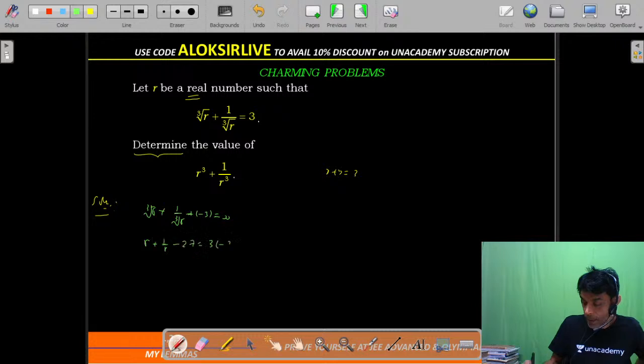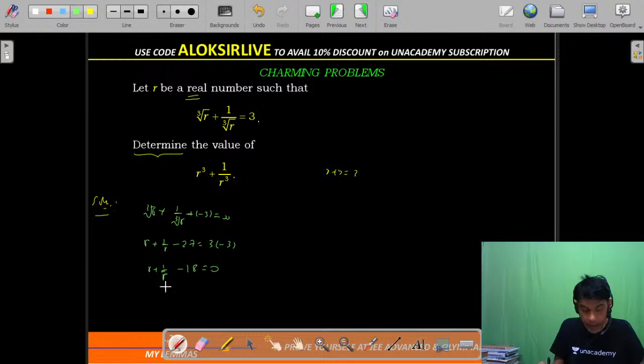So 3 times minus 3. So I will get r plus r, and I will bring everything to this side, so this is 9 minus 9, so plus 9, so minus 18 equals 0.